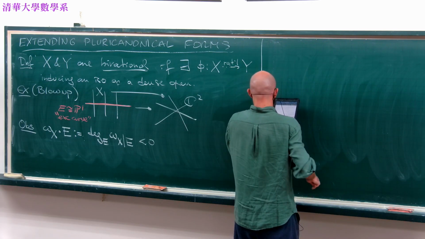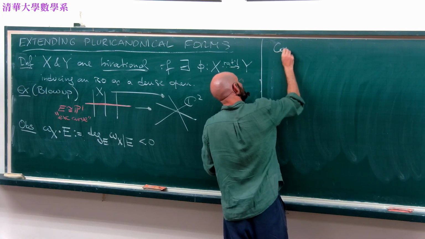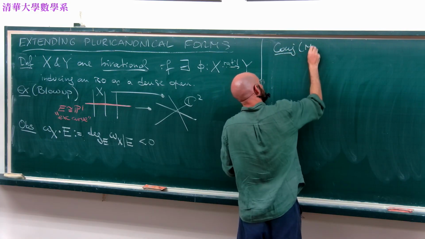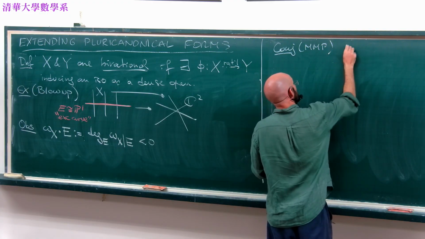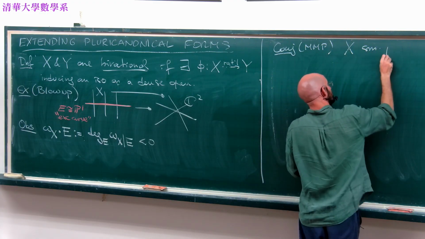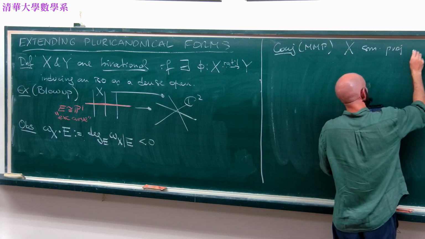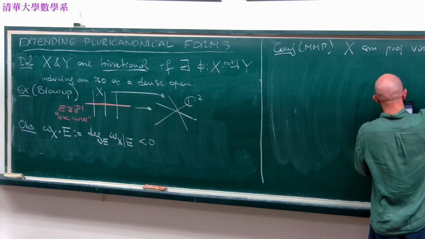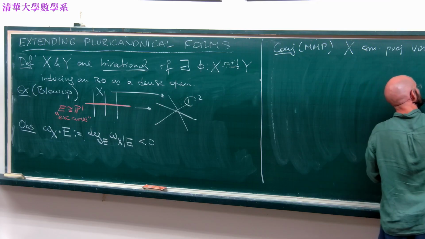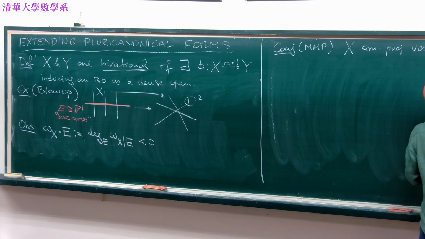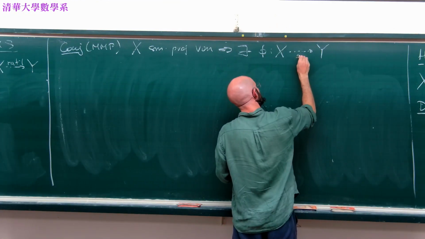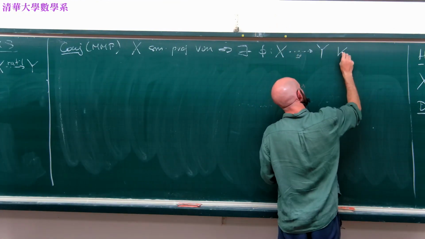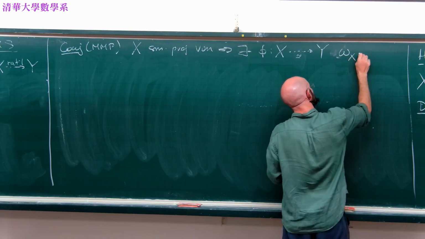Okay, so the conjecture called the minimal model program is that if X is a smooth projective variety, then there exists a birational contraction to some other variety Y, which is omega Y negative.